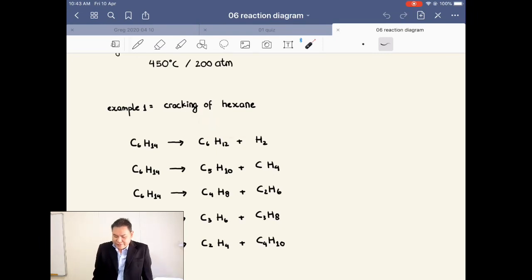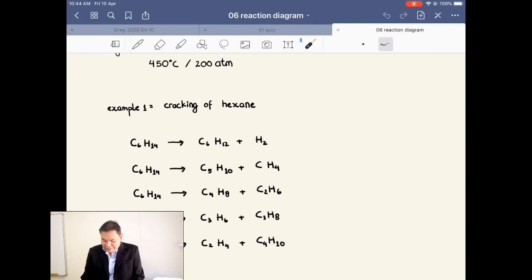Or another possibility is you can produce methane, CH4, which means the remaining chain will turn into C5H10, which is pentene.